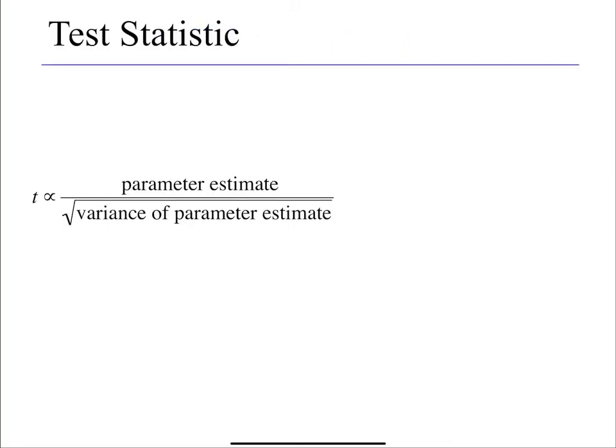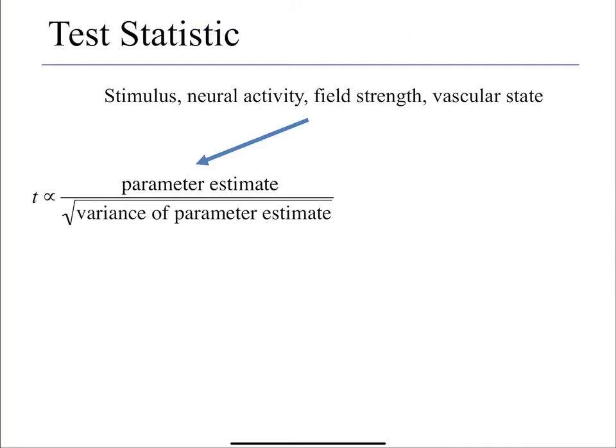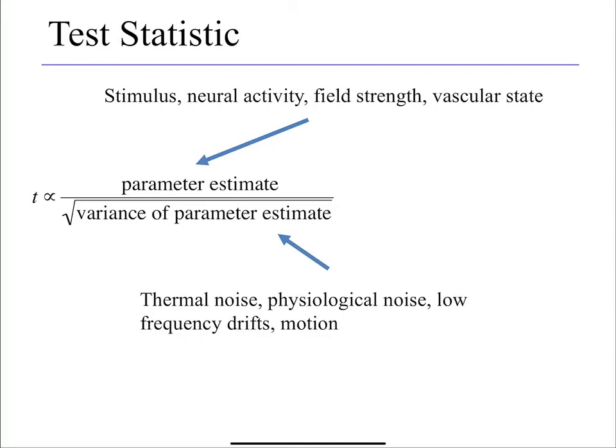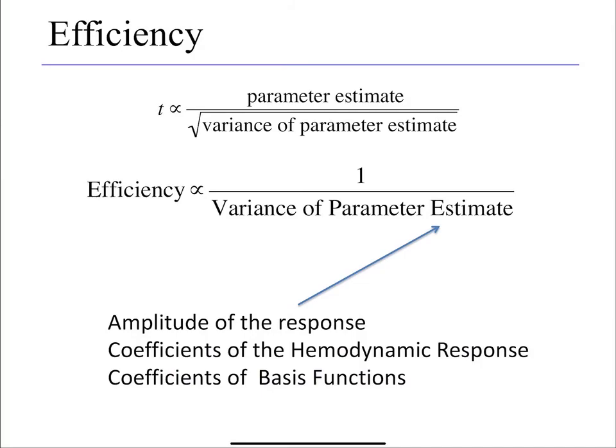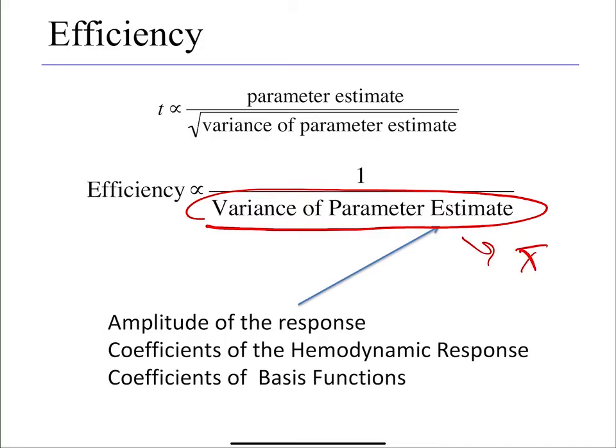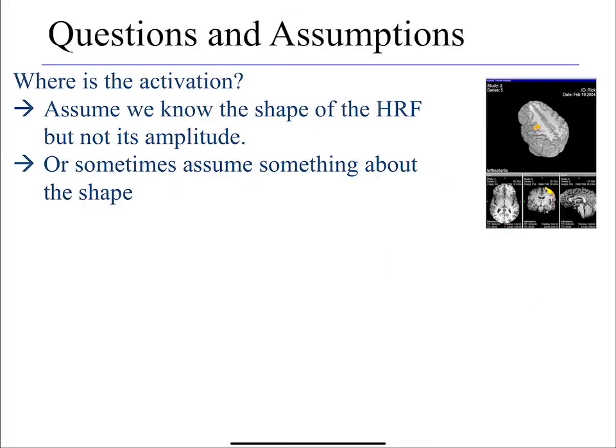Remember, our t-stat is our estimate over its standard deviation, and efficiency is really looking at this. How do we reduce the variance of our parameter estimate? It turns out that depends on my X matrix, so that's where we have some control over what we're looking at.